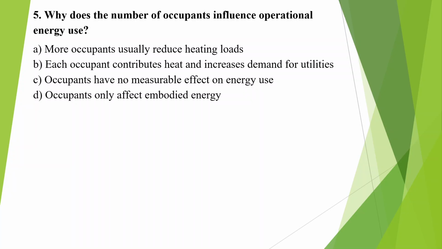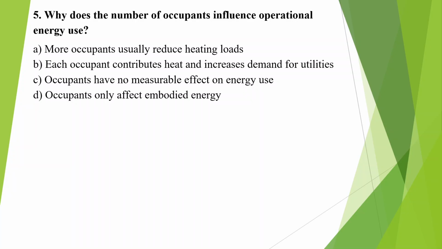Let's see the point of view of all of you. Read the question carefully. It is talking about occupants influence, not occupants behavior influence. How does the occupant directly influence the operation?